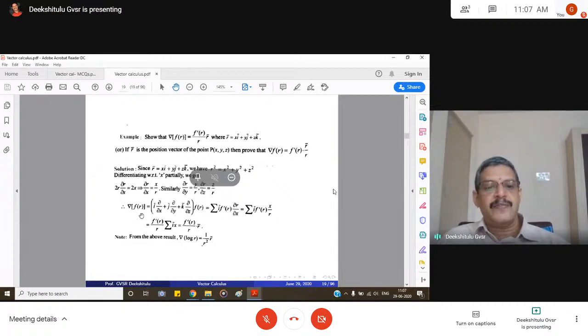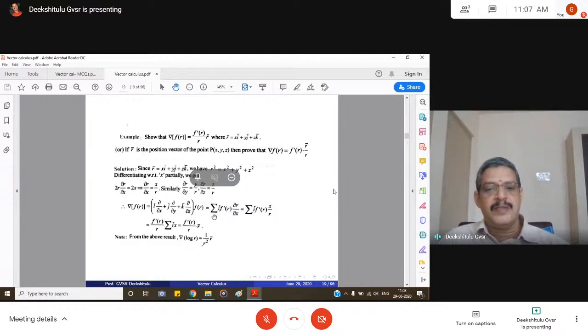So the gradient of f(r) is i ∂/∂x + j ∂/∂y + k ∂/∂z of f. I write this in sigma notation: i f'(r) ∂r/∂x, because it is the derivative of f with respect to r times ∂r/∂x, plus j f'(r) ∂r/∂y plus k f'(r) ∂r/∂z.